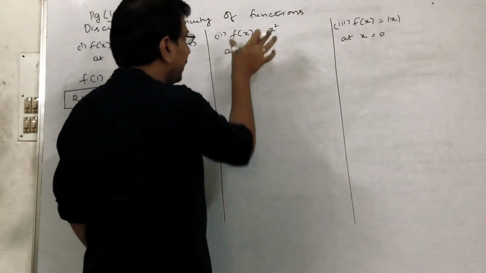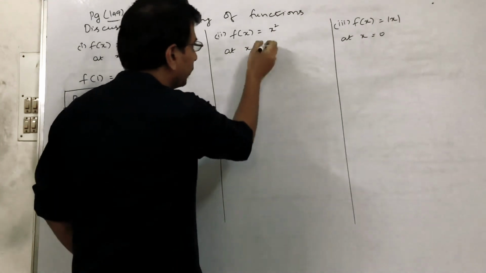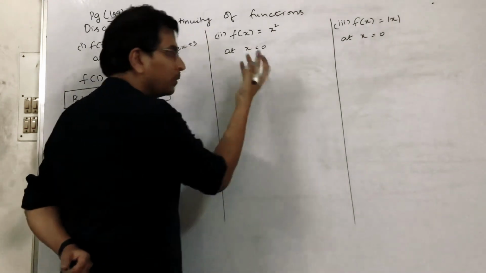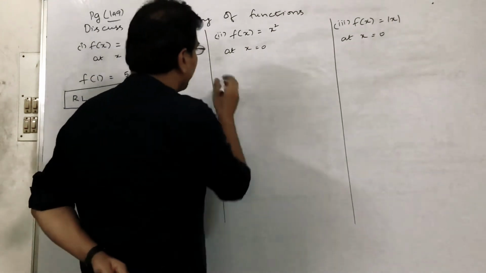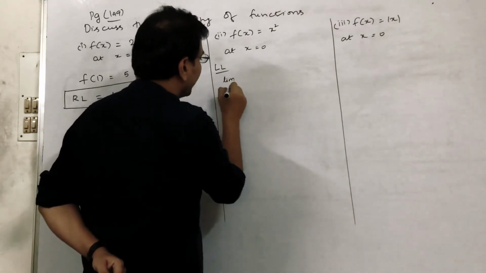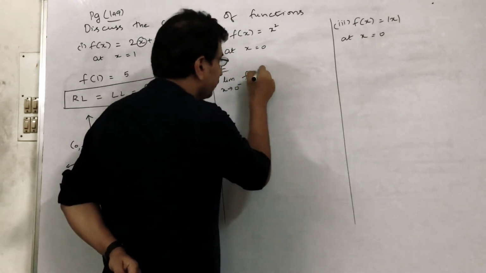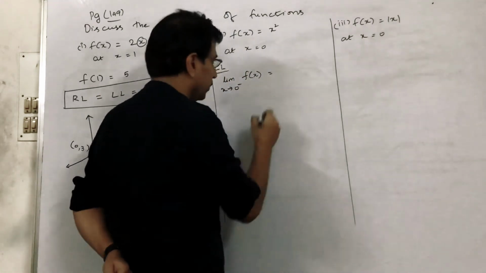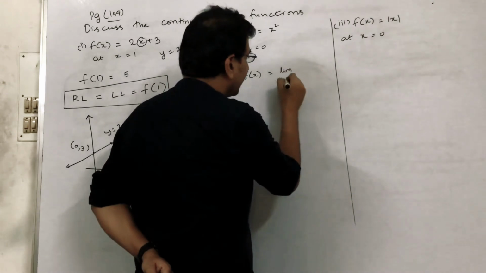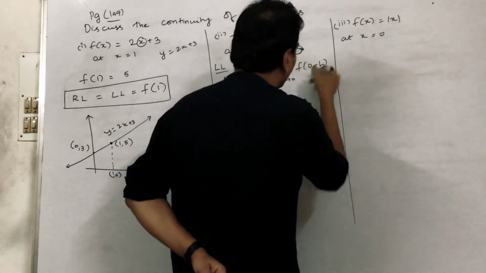Similarly, we will try to find the continuity of the function f of x is equal to x square at x is equal to 0. So x is equal to 0 is definitely a point in the domain. Again, how to find the left limit? The left limit is limit x tends to 0 minus of the function. This is equal to limit h tends to 0, f of 0 minus h.